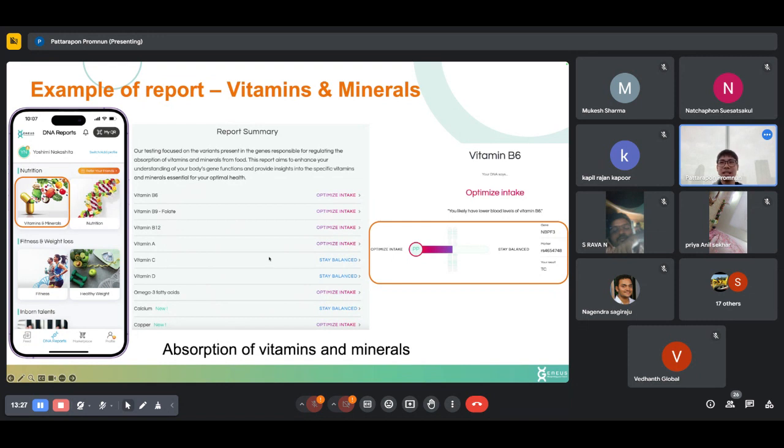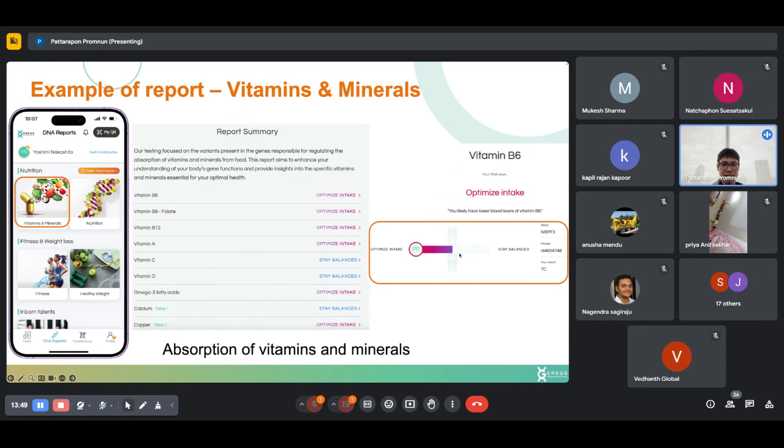This is my report. This is the report of my DNA. So for example, I have to optimize intake of B6, B9, B12. If you just put your finger on the report in the application, you will see this page on the right-hand side.